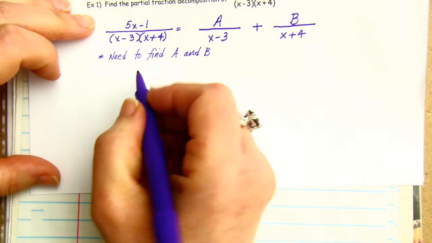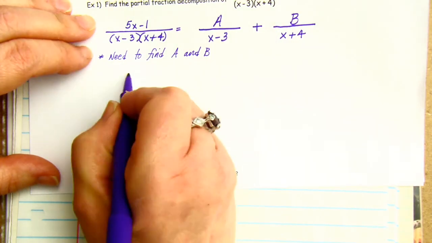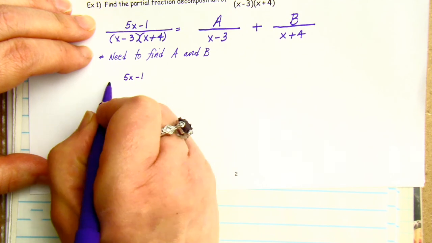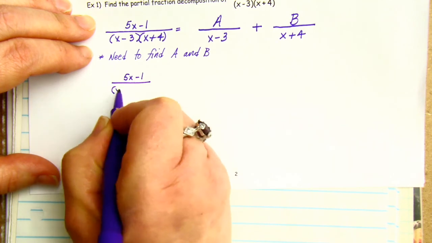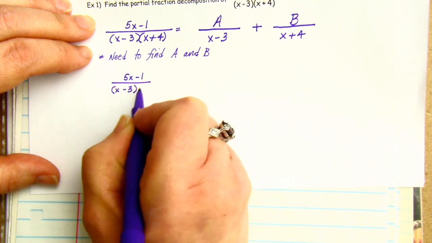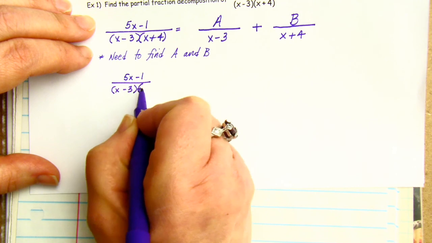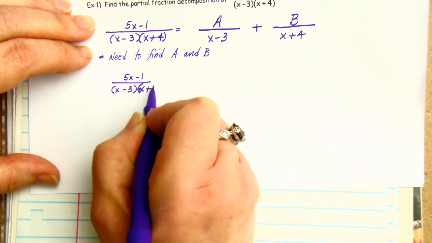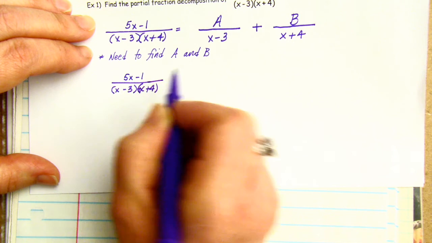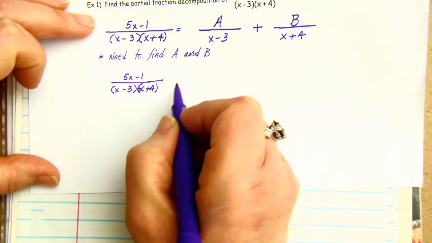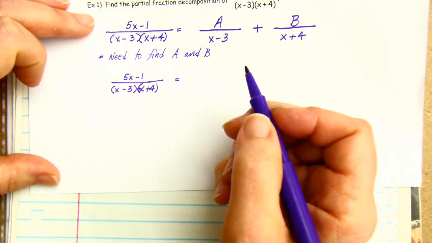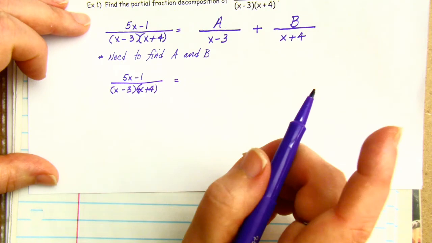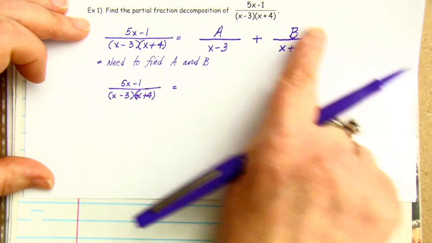Okay, so I'm going to recopy this 5x minus 1 over x minus 3, times x plus 4, silly me, equals, now, if you're asked to set up the case, that would be just this.